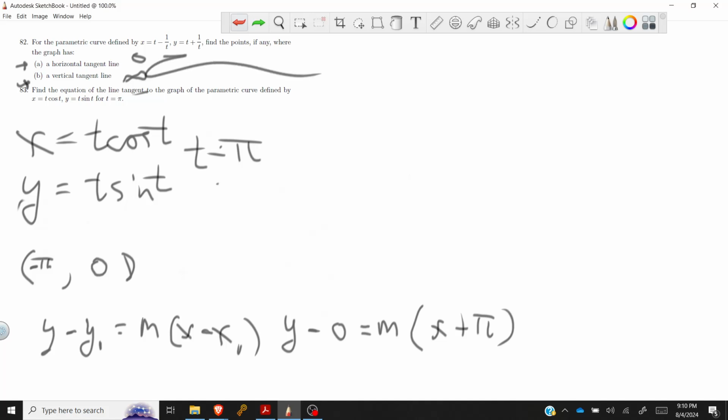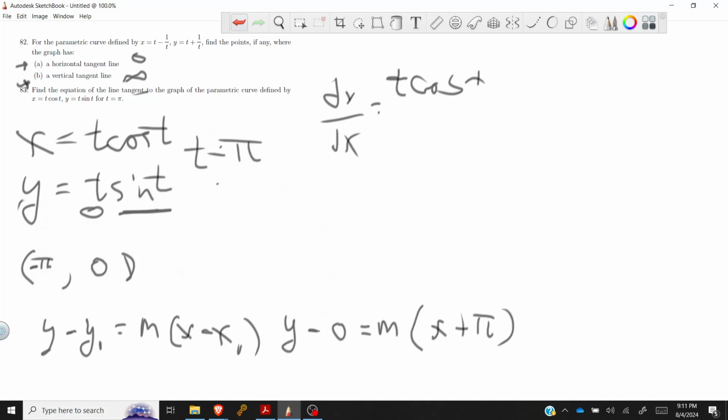Well, hey, we just did finding slope for this one, so why don't we do dy over dx? So what is the derivative of y? Well, this is going to be a product rule, so let's take the derivative of y by firstly taking the derivative of sine and multiplying it by this one, so that's t cosine t.